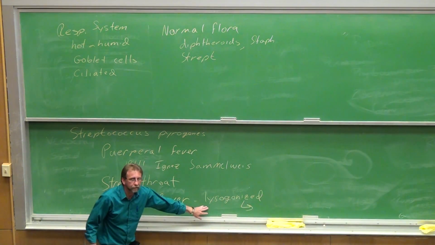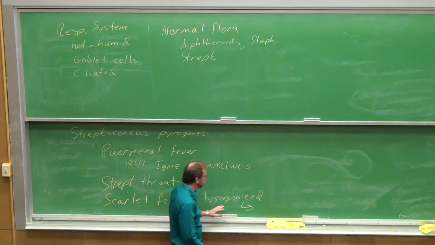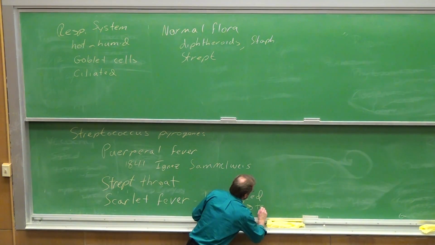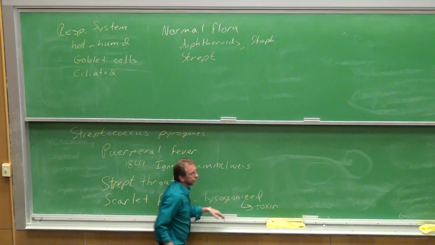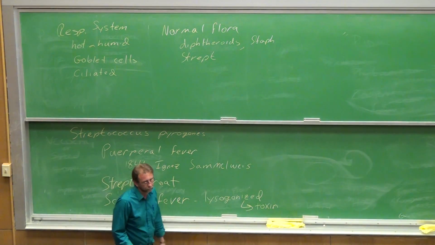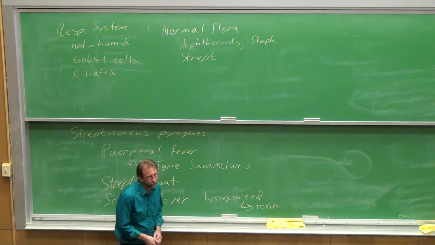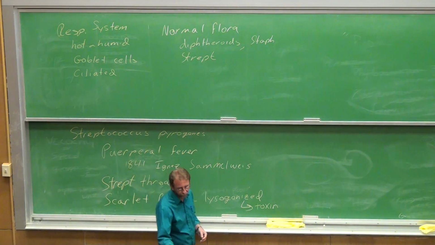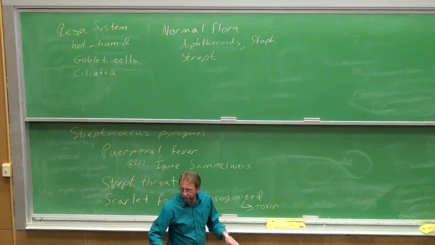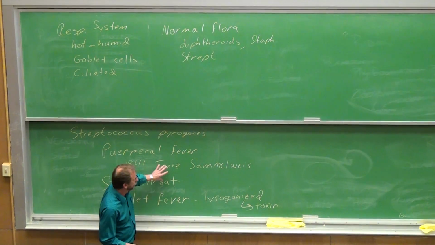So it's lysogenized, infected by a virus, and that allows it to produce a toxin. You can get a rash that develops, you can get a red tongue that comes from this. Skin can slough off.